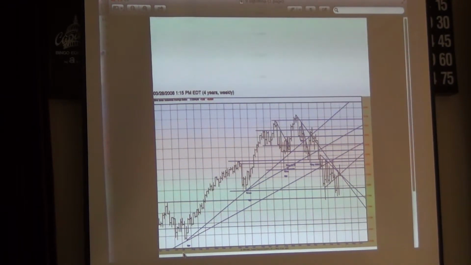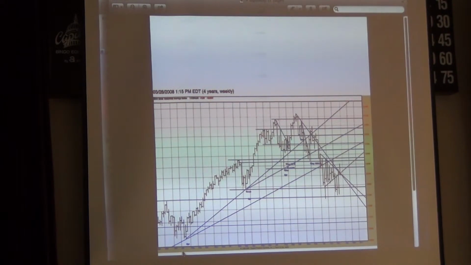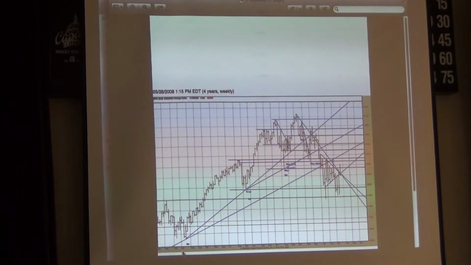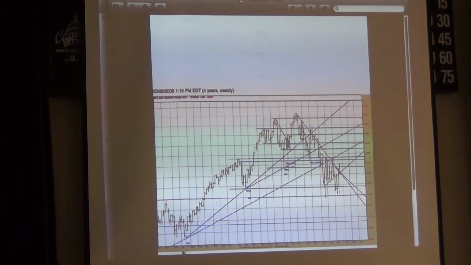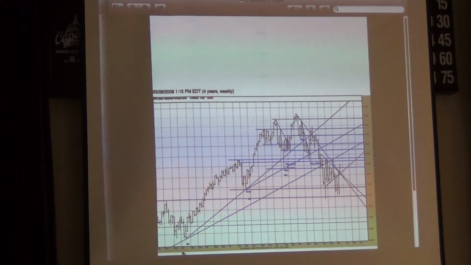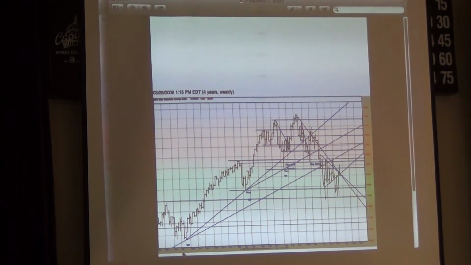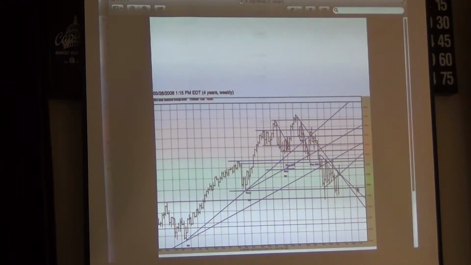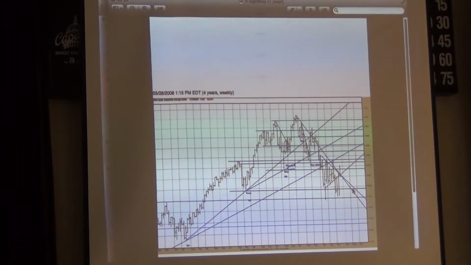If you were to short this pattern, where would you take the price? Well, that's actually very obvious. The obvious short, let's say the conservative short, is right in here, on this line.